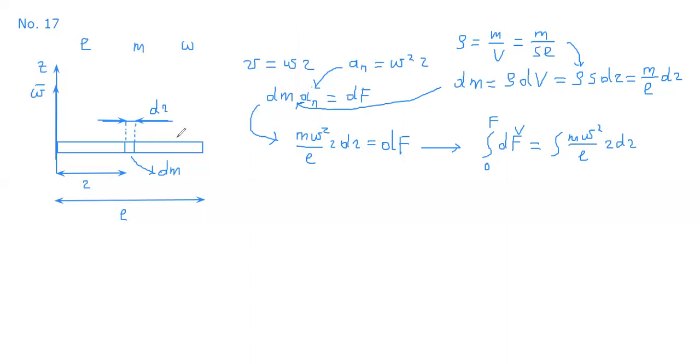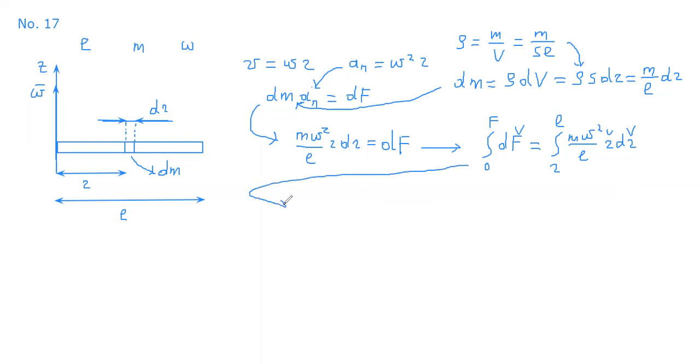So we have to write lower limit r and upper limit L. So for this part of the rod, we have limits from r to L. Okay, is it clear or not? Yes, it's good.